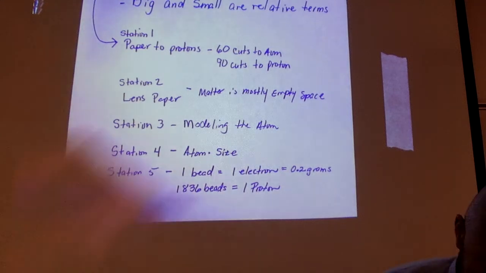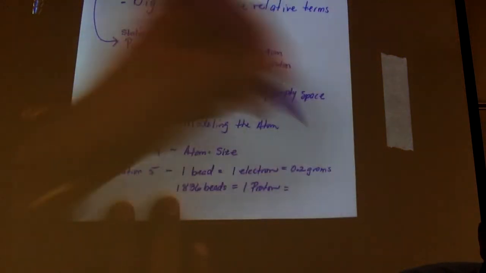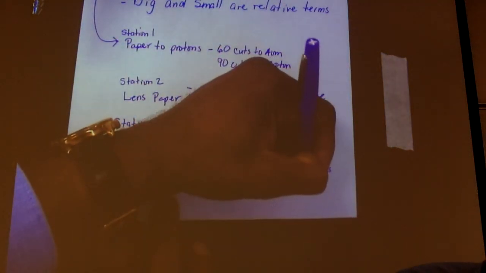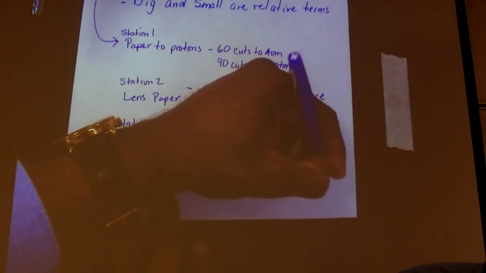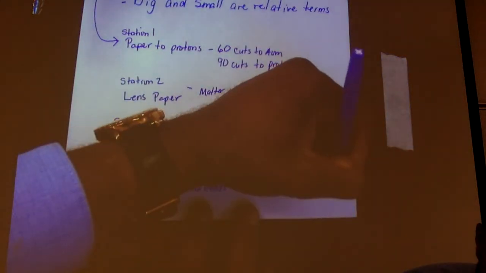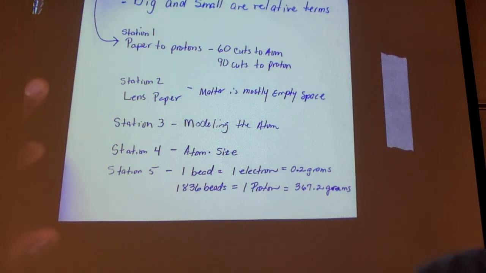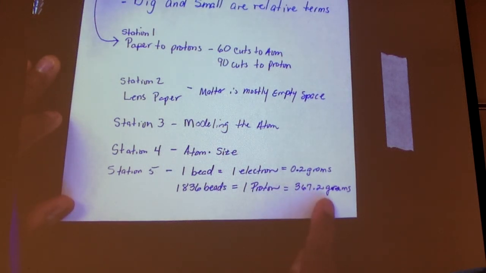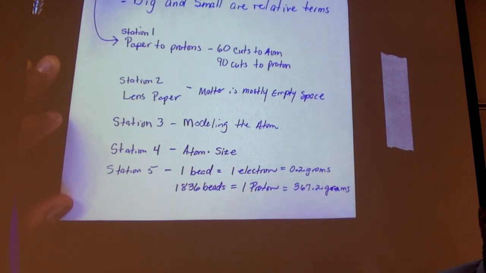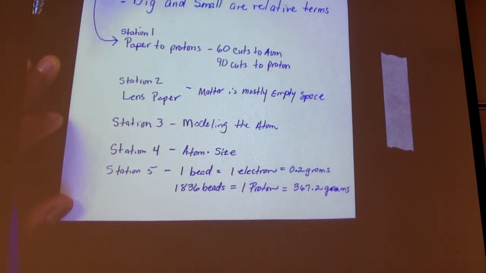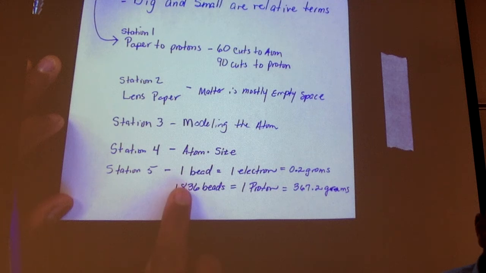And if I remember correctly, you found that number was 367.2 grams. So at the end, you had to measure out 367.2 grams of beads, and then you could hold that container of beads and get a feel for the mass of a proton as compared to the mass of an electron, which would be one bead.